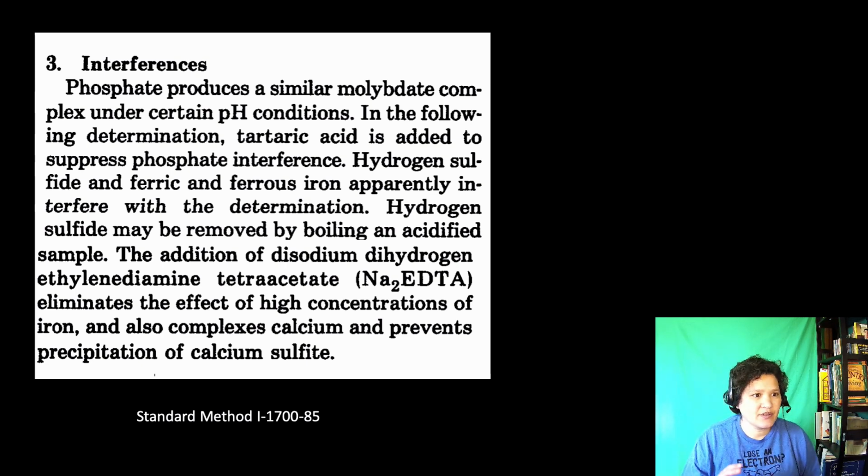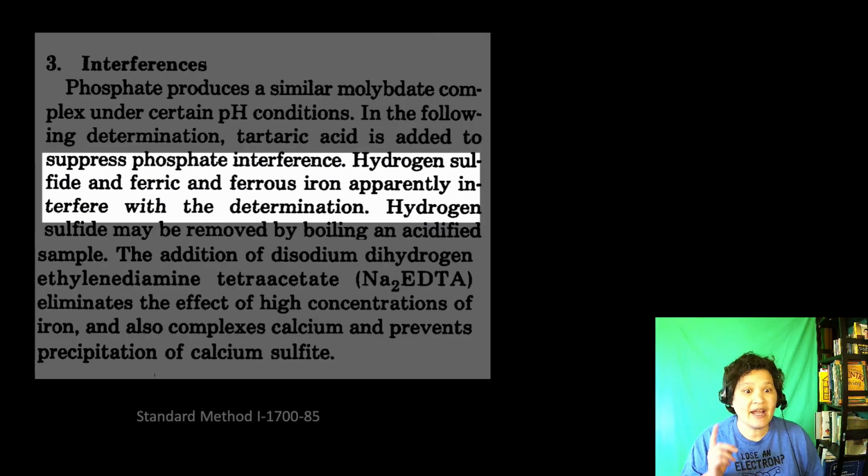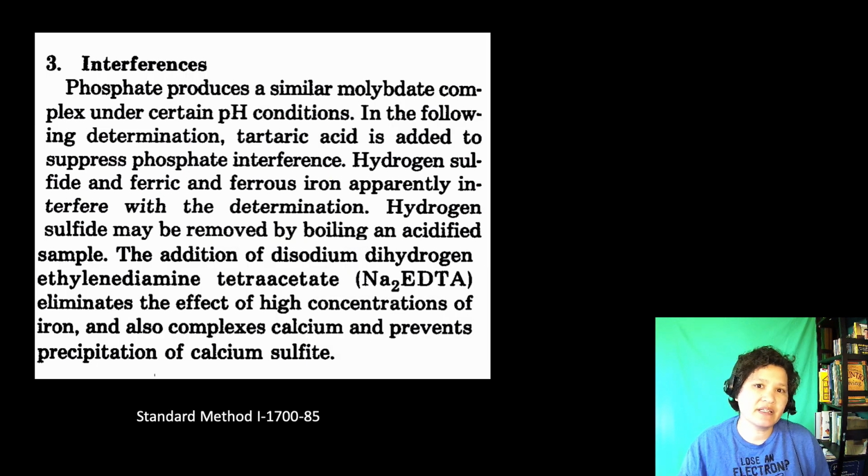Okay, there's another set of interferences here. Hydrogen sulfide and ferric and ferrous iron apparently interfere with the determination. Now here it's not clear how these substances interfere with the method. It's possible that, for example, iron could bond with phosphate, which keeps phosphate from interacting with a colorimetric reagent, or iron could also interact with a colorimetric reagent, and we don't know, they don't specifically say how this interferes.